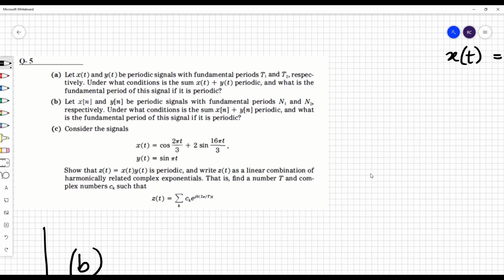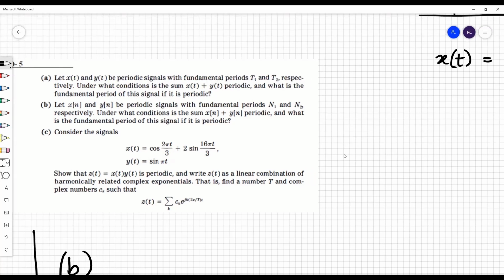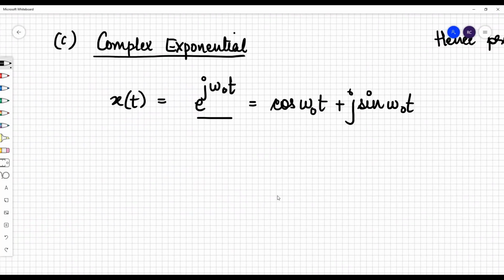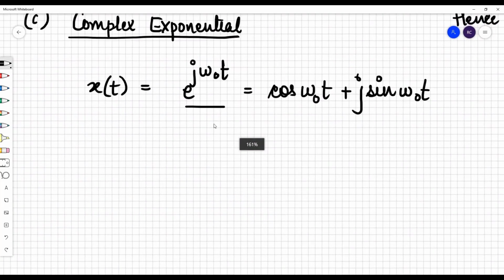One thing is that the question requires us to write z(t), which is a product of these two signals, as a linear combination of harmonically related complex exponentials. So I just defined what is a complex exponential for you, right? Now, this is a complex exponential of frequency omega naught.